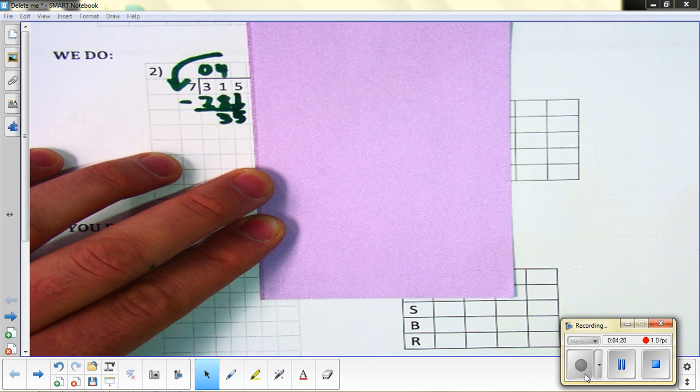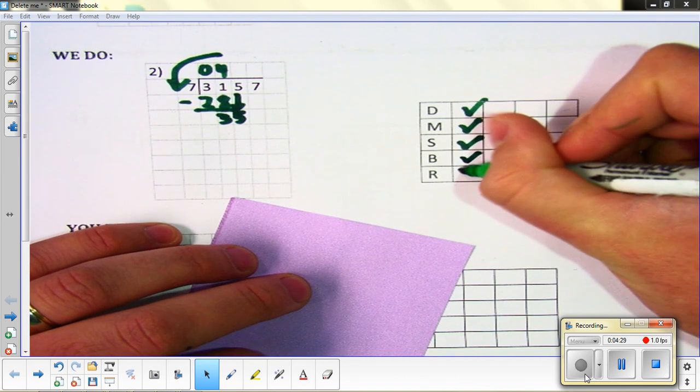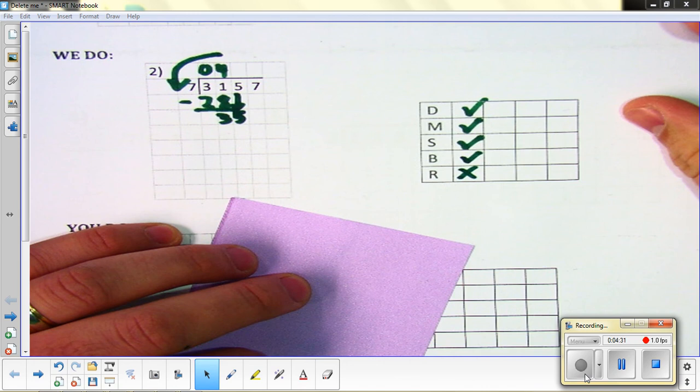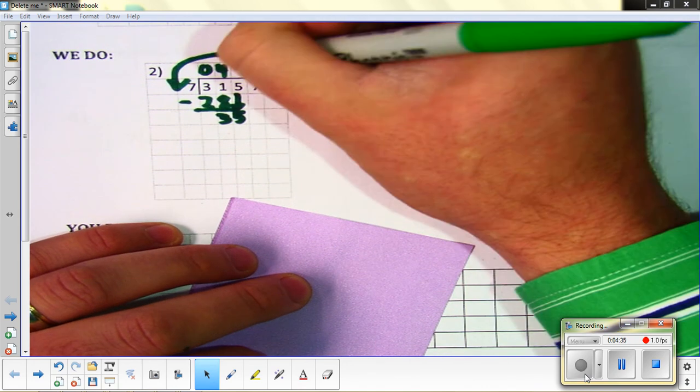How many times does 7 go into 35? Since 7 can go into 35, there's no remainder. 7 goes into 35 5 times.